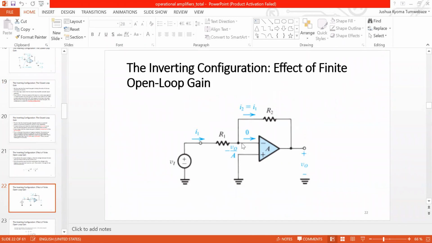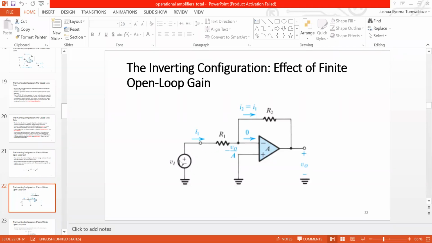So at the inverting input terminal, we have a voltage of minus V0 over A. Previously it was 0, but now with the finite open loop gain, that voltage is minus V0 over A. And I've already told you how it comes about.